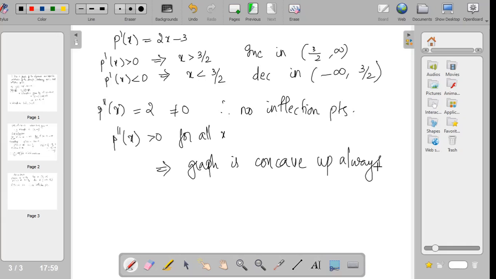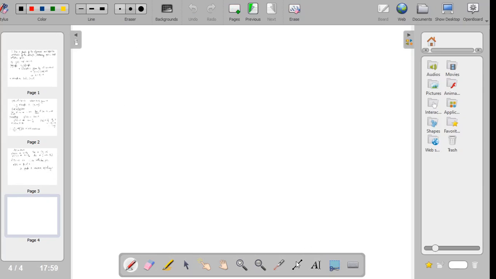So that is the information we have. We have covered all the information: intercepts, end behavior, increasing and decreasing, local extrema, inflection points and concavity. So let us now draw the graph.